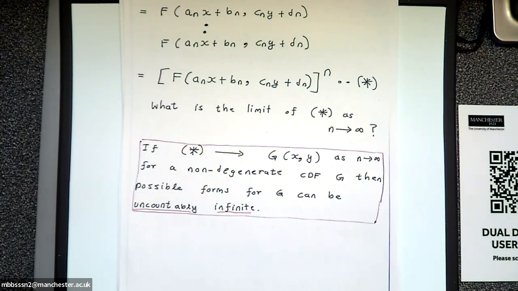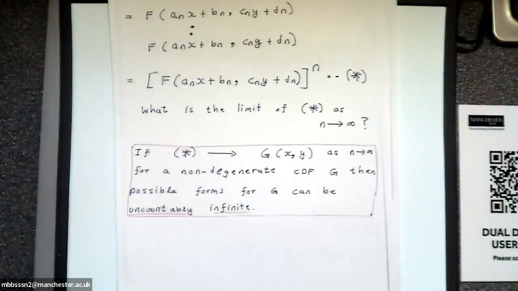The limit, if it exists, can take uncountably infinite different forms. So that's a main drawback with bivariate extreme value theory, or multivariate extreme value theory, because the limiting distribution, which is also known as the bivariate extreme value distribution, can take uncountably infinite different forms.